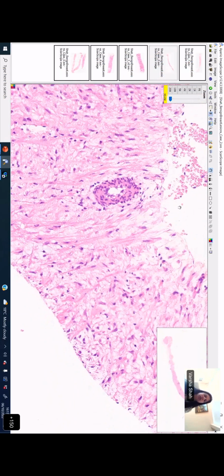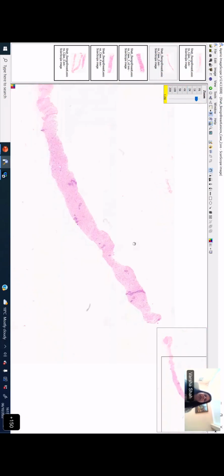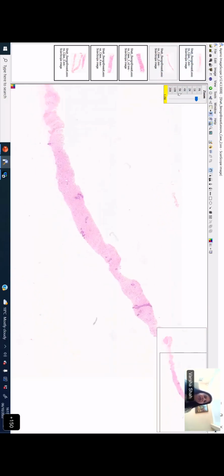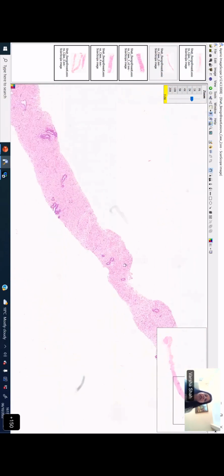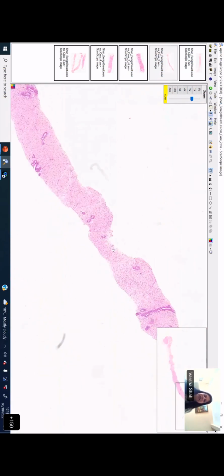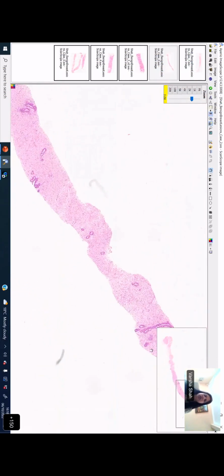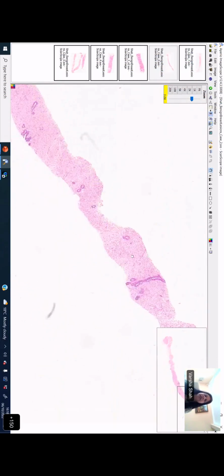So just to go systematically. We have got a solid mass here, so we really don't have to look for the interface, but there was an interface. So we are happy that we got a solid mass lesion here. It doesn't have the typical fibroadenoma type architecture. Almost they look like normal breast lobules here.